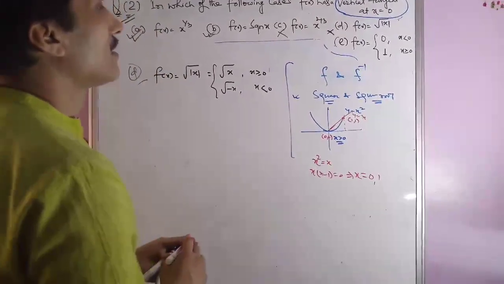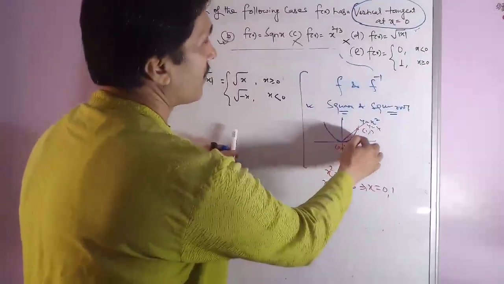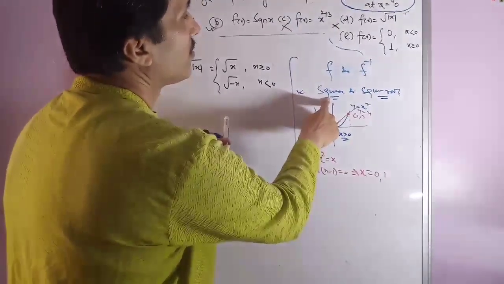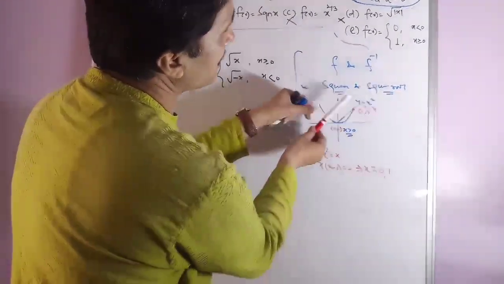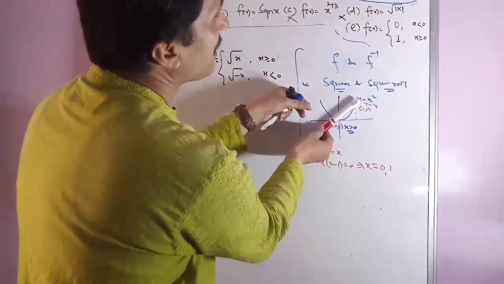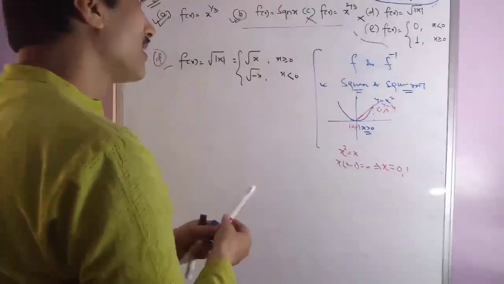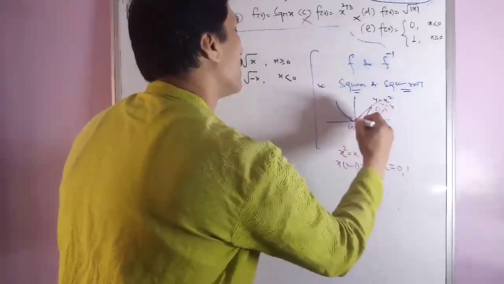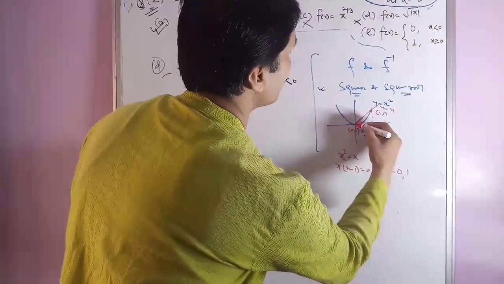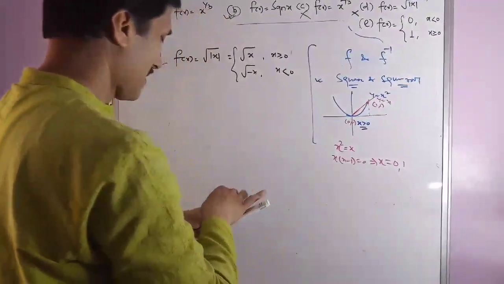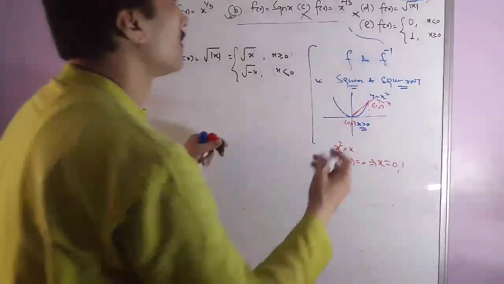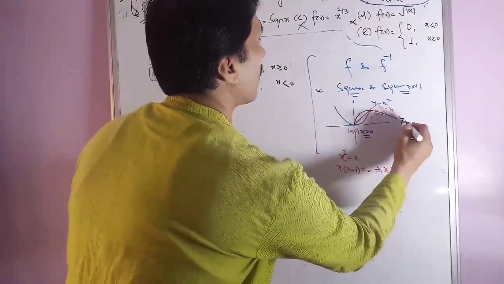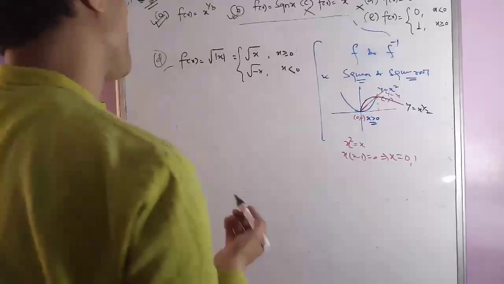Now this is the graph of y equal to x square. We take its image about this line, and we get the graph of square root x, that is x to the power 1 by 2. Clearly the image of this about this line will be this curve, y equal to x to the power 1 by 2.